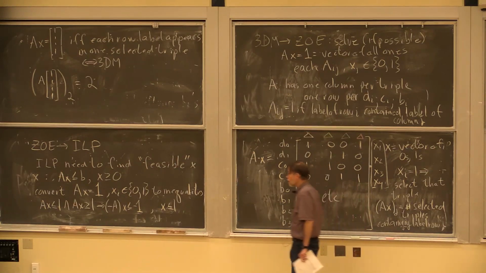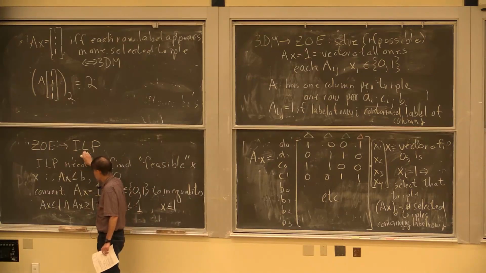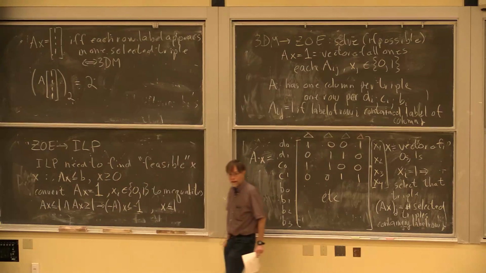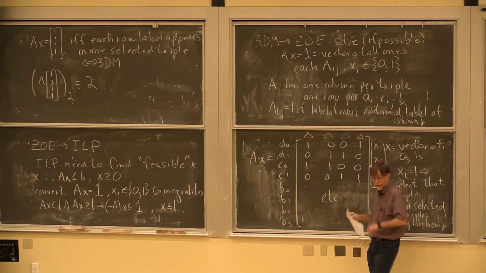Okay, so I don't even have to solve the optimization problem for my integer linear program. I just need to decide feasibility, and it solves 0, 1 equations. Okay, yes?